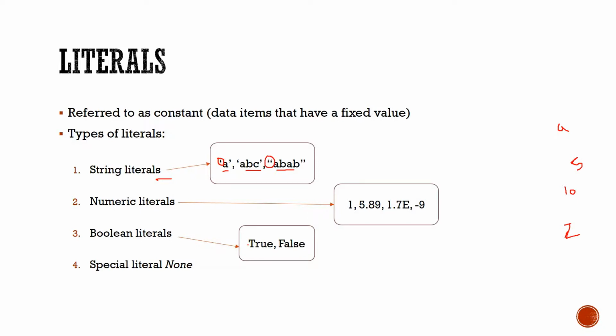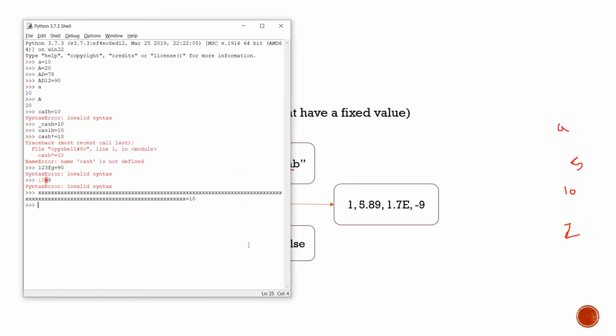Now let us take more examples. Suppose I am writing here C is equal to 'Ram'. It is correct. Okay, Ram is a string literal. I can access it. Now if I am writing C is equal to "Jia", it is also accessible. So both methods are correct.